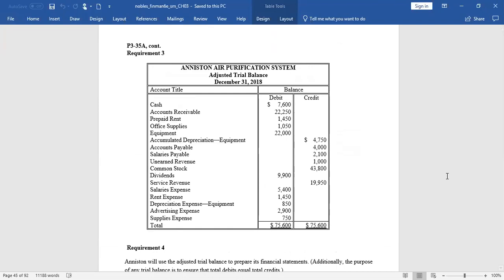All a trial balance does is list each account with its most current balance in the T account. So we're just listing those updated balances from each T account we just did in the proper order: assets, liabilities, common stock, dividends, revenue, expenses, and making sure that the debits equal the credits.